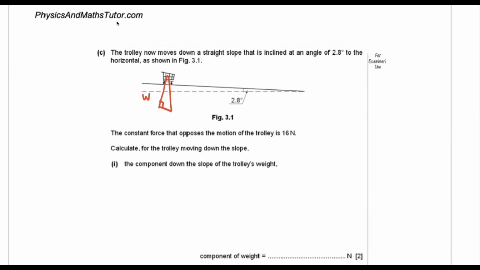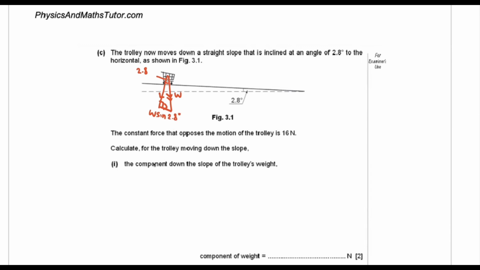So of course it's the same. If you want to use the way that I put just now, it's just fine. W is here. This is perpendicular to the slope. This is parallel to the slope. So the 2.8 is here. So the component down the slope is this one, opposite 2.8. So we call it W sine 2.8.